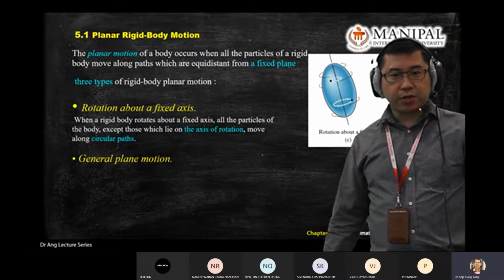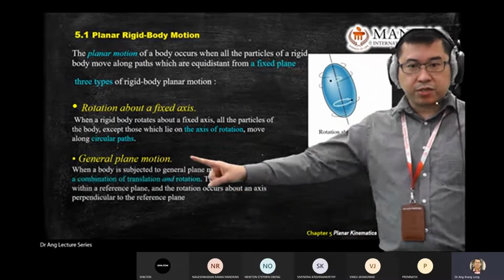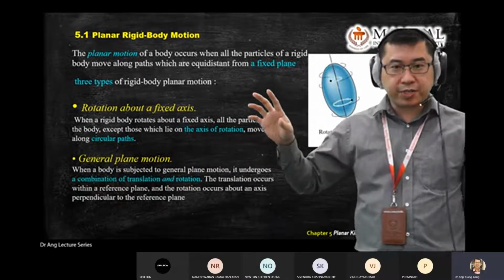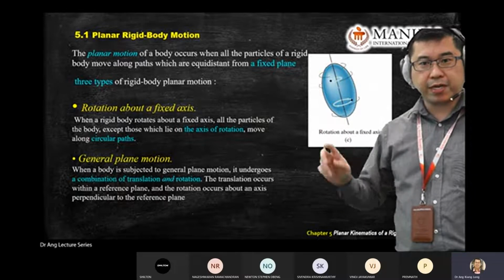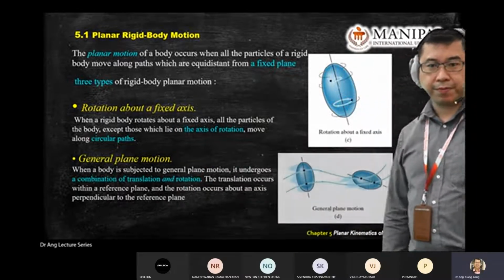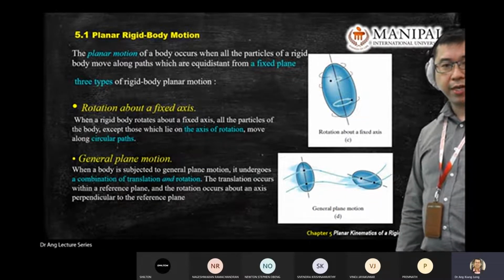Another one is called general plane motion. General plane motion is a combination of translation and rotation combined together. This is the diagram you have on your handouts.